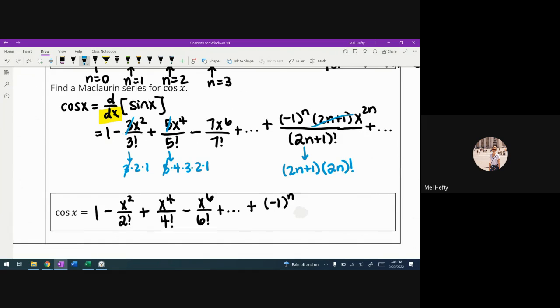I think these guys are going to cancel. So what's going to be left? x to the 2n and 2n factorial. All right, you know what 2n is going to do every time? It's going to make an even number, just like what you guys predicted. This, again, is for all numbers. Those two are equal to each other. Very powerful stuff.